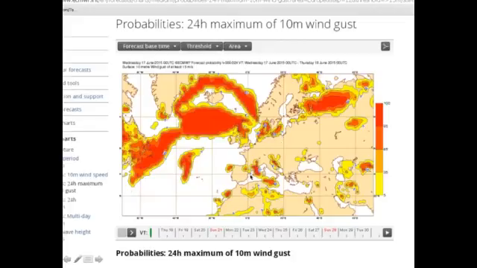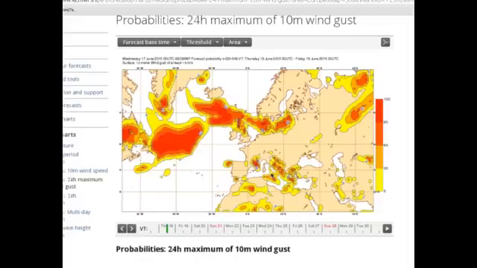As you can also see, connected to the low in the Mediterranean, some high winds also here. For tomorrow, this probability is a bit lower here over the Atlantic, but still high winds, so Northern Europe and here in the Mediterranean. This goes along quite well also with the warnings that were issued today.